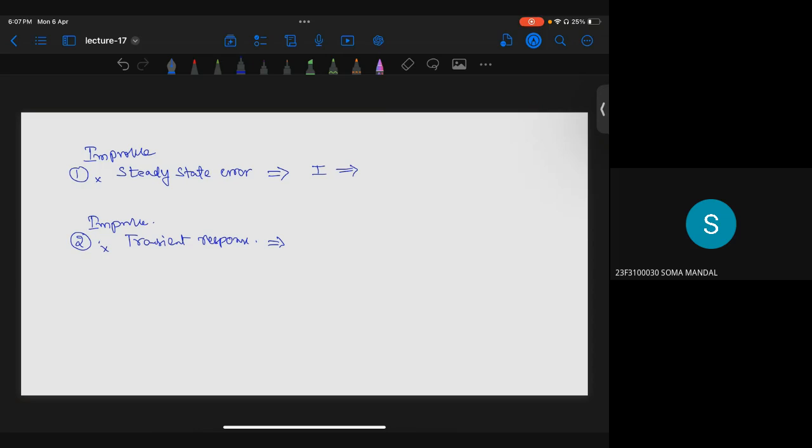Then from here, we will go to PI. There we will exactly see why we are going for the PI. Then we will go to something called the lag compensator.